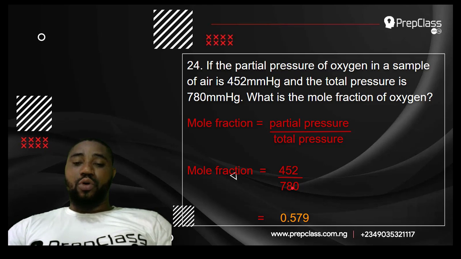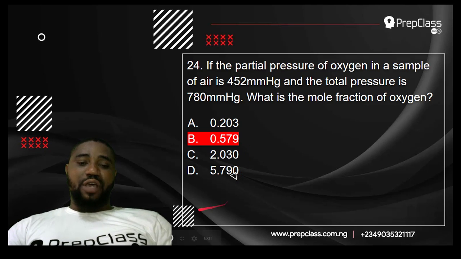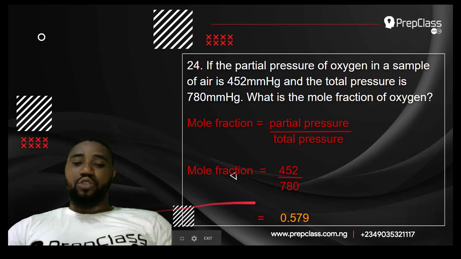This 8 is also 5 and above, change to 1, add it here. So you have about 500 over 800. That may give you 0.6 something. So if you look at here, the closest answer to that 0.6 something is 0.579. So if you are not with a calculator in the exam, that is how you just do it. 500 over 800, 0 cancels 0, and you can easily use 5 to divide it.